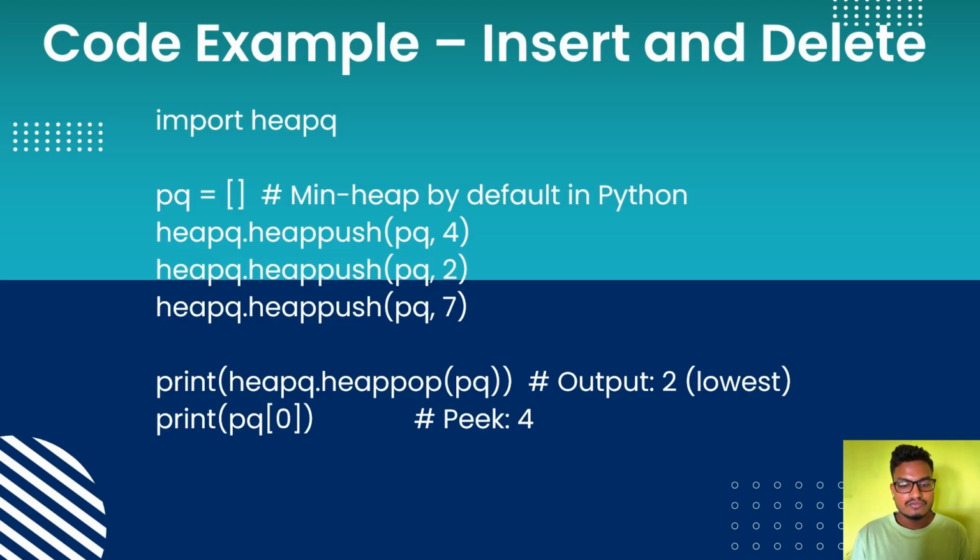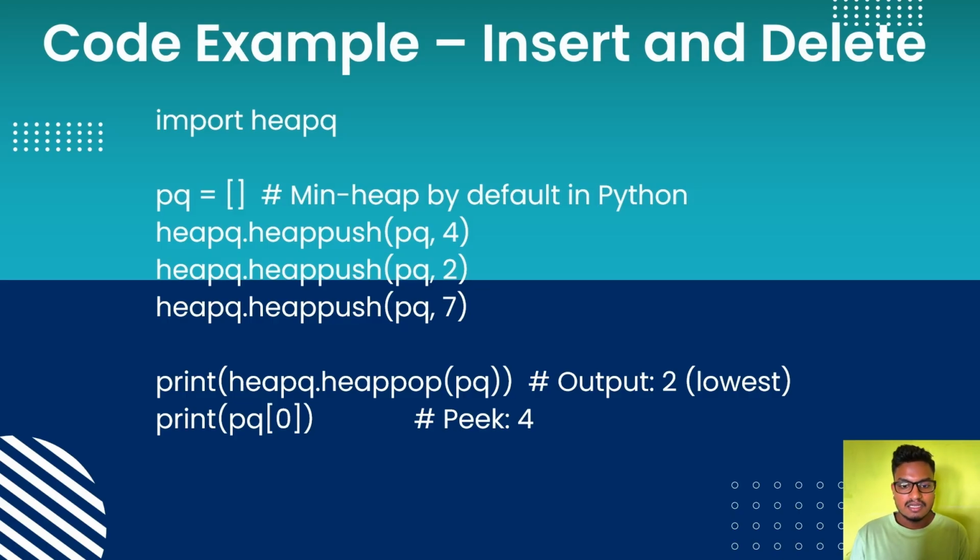Even though we push 4 first, the smallest value 2 rises to the root because it has higher priority in a min heap. Heap pop removes and returns the smallest item, 2 in this case, and reorganizes the heap, so the next smallest is at the root. pq[0] lets us peek at the smallest remaining element without removing it.